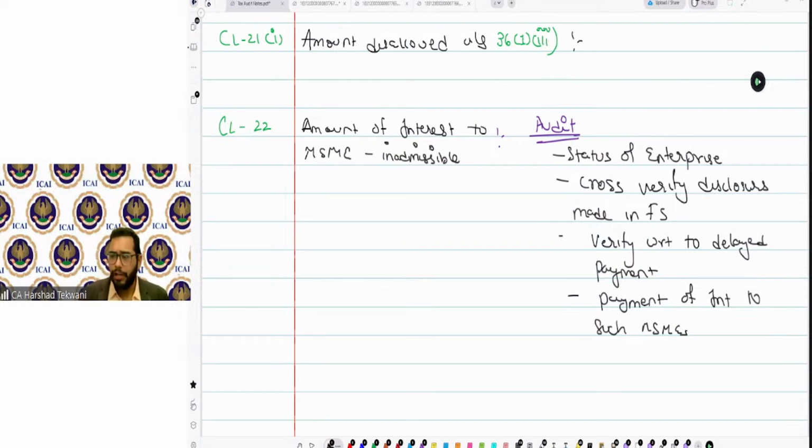No deduction would be allowed in respect of such interest, even if such sum is actually paid by an assessee.